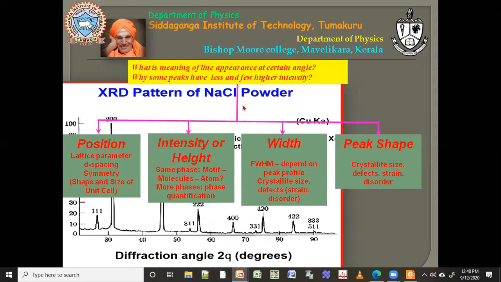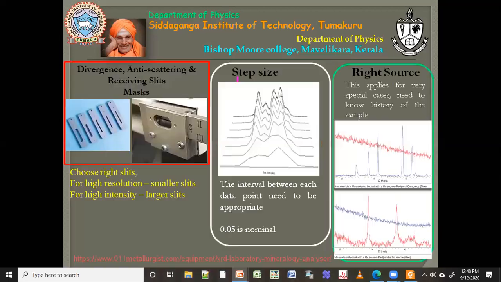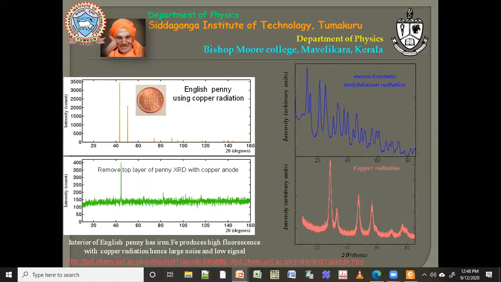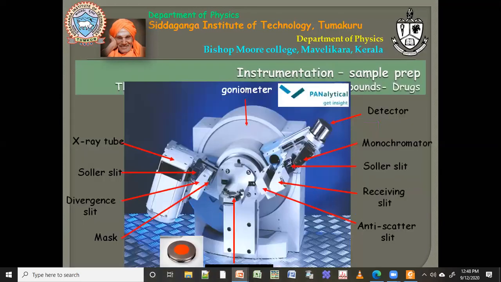So theta is going to change. Let me come back to the slide. If I take this right now, the angle of incidence is around 20 degrees, so the angle of diffraction is around the same, 20 degrees.